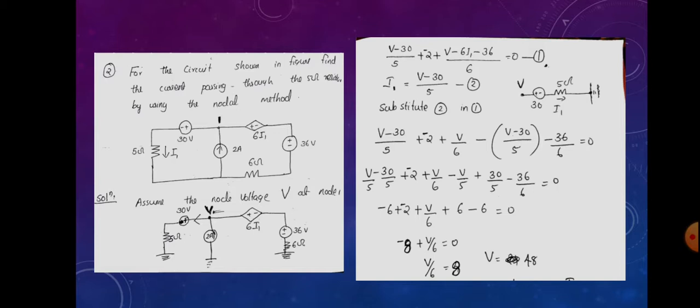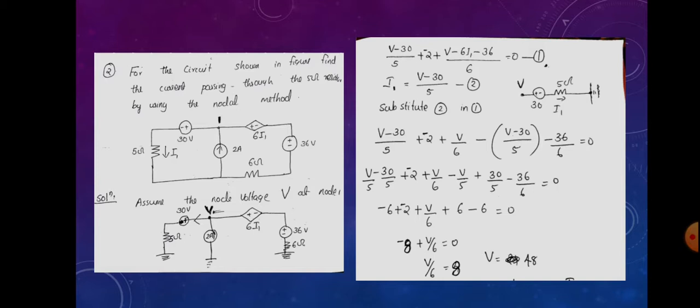Next is the 2 ampere source. The 2 ampere current is flowing into the node, and we can take any sign convention. Here we take the current flowing out of the node as positive and the current flowing into the node as negative. So we write (V minus 30) divided by 5 plus (minus 2).